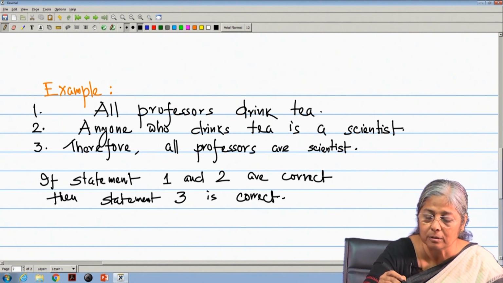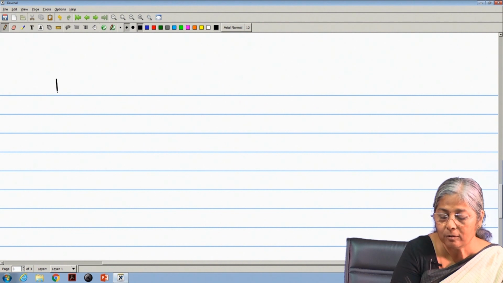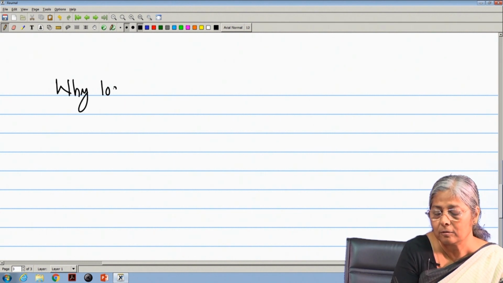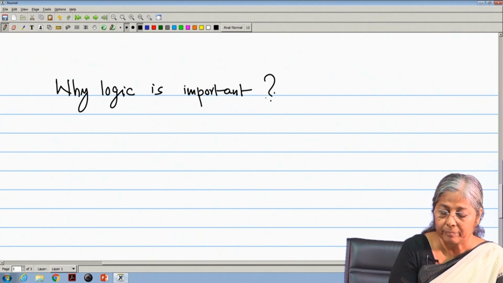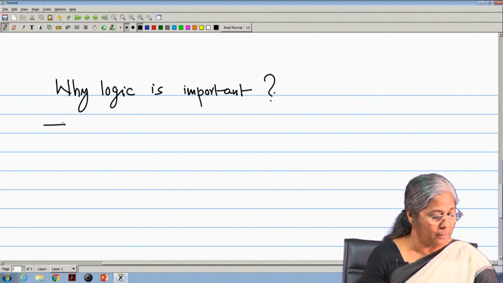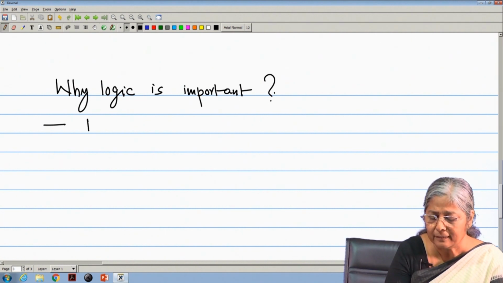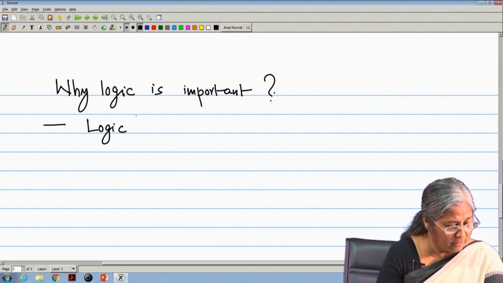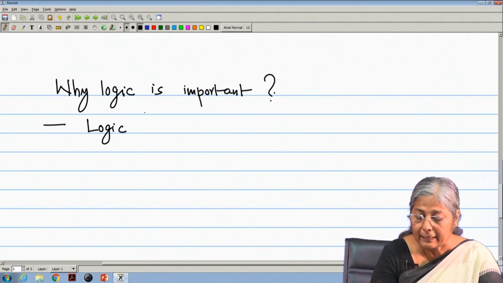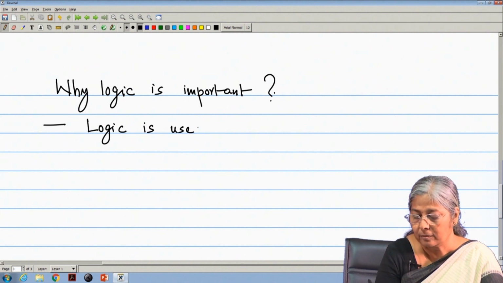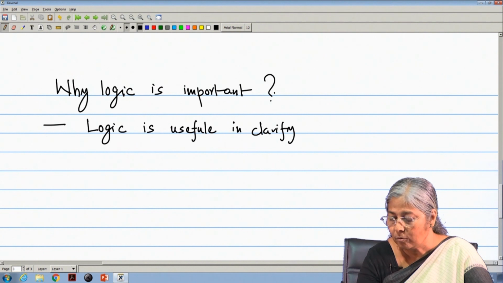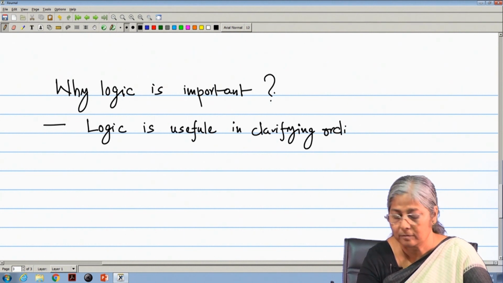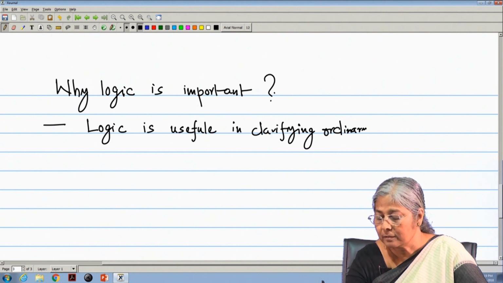Why is logic important? Very simply, logic is useful in clarifying ordinary writing.